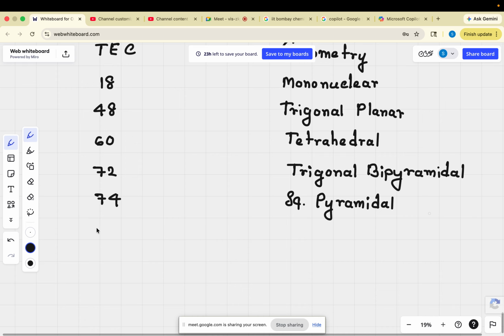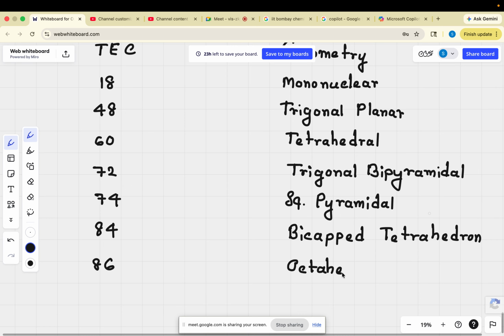If this value is 84, that time it will be your bicapped tetrahedron. If it is 86, that time it will be your octahedron.